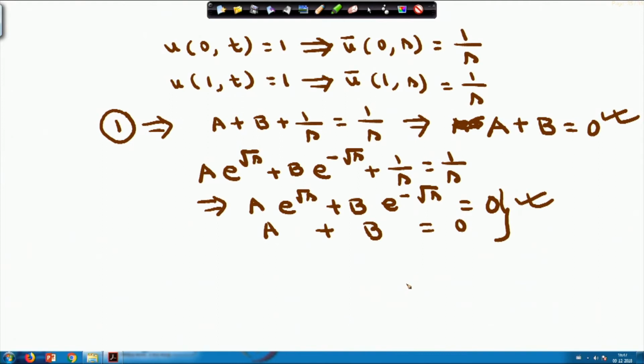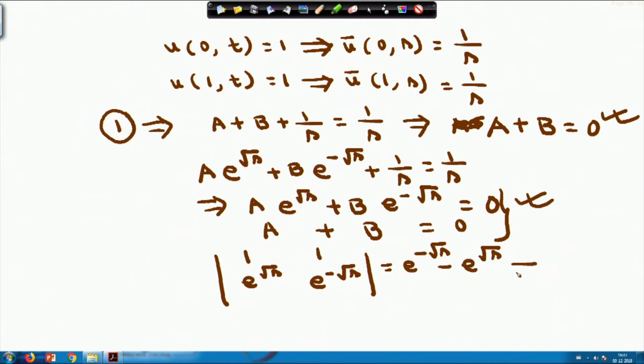Now, if I take the determinant of the coefficients of these two equations, what I will obtain is 1, 1, e power root s, e power minus root s, and this determinant value is e power minus root s minus e power root s, and this is not equal to 0.